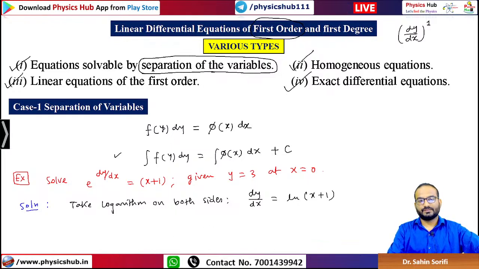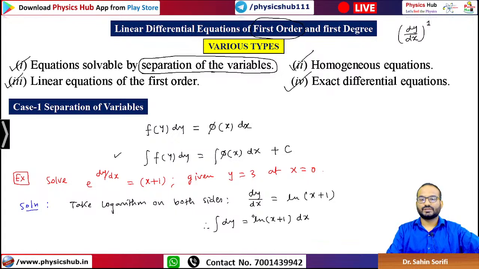Now we can use the separation of variables technique. So the y related term will be on one side, so dy, and the x related term ln(x plus 1) dx on the other side. Now you have to take integration on both sides.